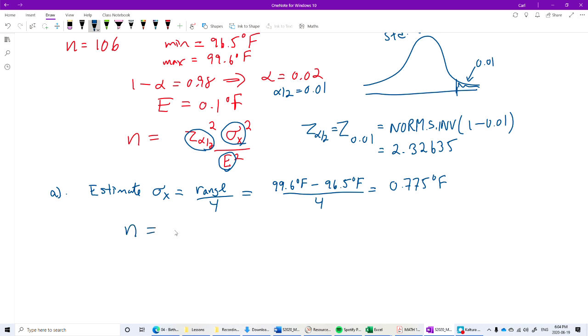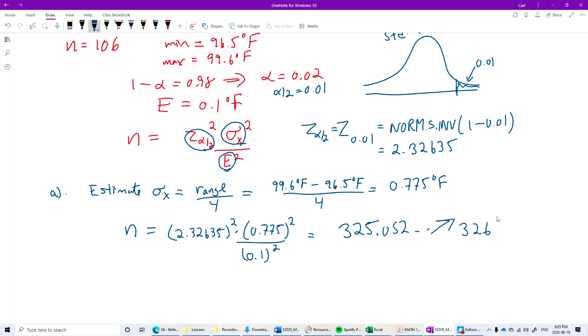N is z squared times sigma squared over E squared, where E is the margin of error. So I get 325.052 something, so I rounded up to 326. So that's my answer for part A.